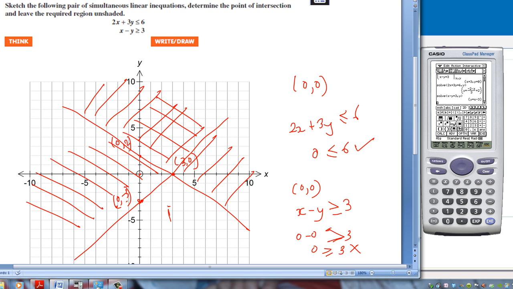So I make sure I do my legend. I draw a box and I write the words region required. That basically means anything that's unshaded, as in this part here, is going to be required. Everything else is not required.